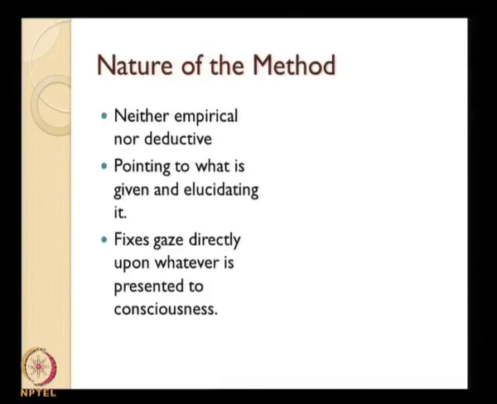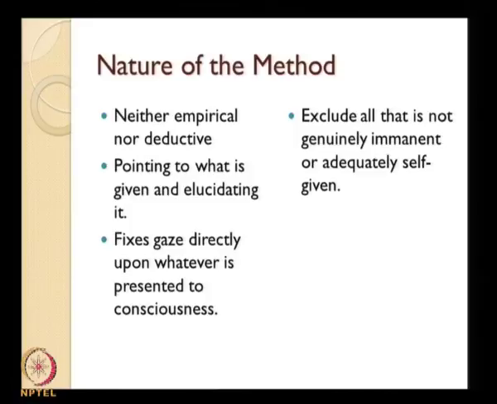It is a kind of gazing, a kind of looking into consciousness and identifying, locating or isolating that data which is immanent. That is the positive aspect, concentrating on that essence which is given, and on the negative side you exclude all that is not genuinely immanent or adequately self-given. I have already discussed this.